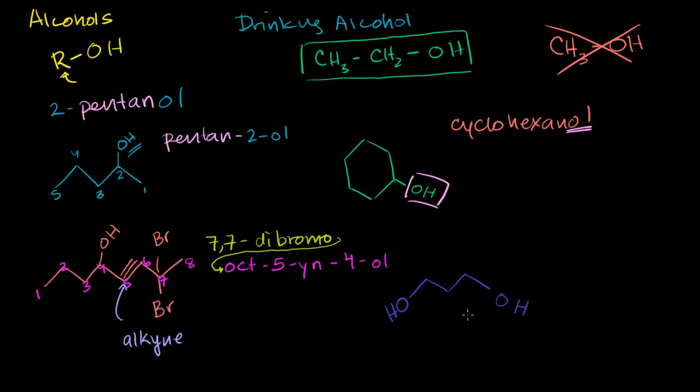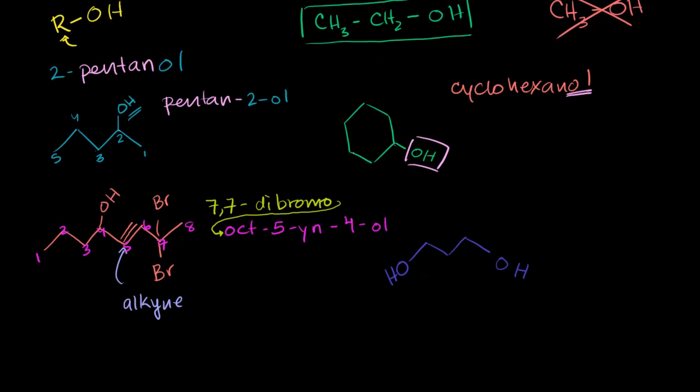Now let's do this one right over here. Once again, what is our carbon chain? We have 1, 2, 3 carbons, and we have the hydroxy group attached to the 1 and the 3 carbon. So prop is our prefix. It is an alkane. There's a couple of ways to do this.